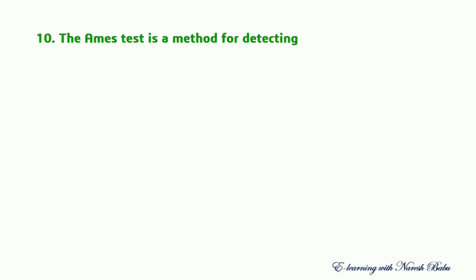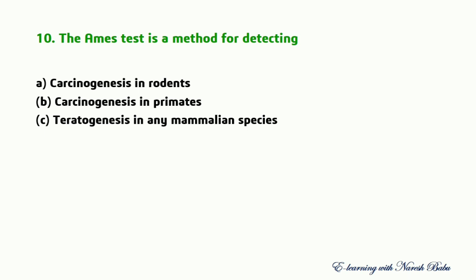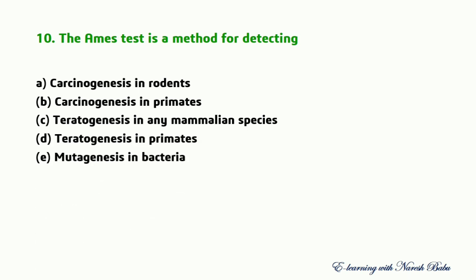And next question, the Ames test is a method for determining: carcinogenesis in rodents, carcinogenesis in primates, teratogenesis in any mammalian species, teratogenesis in primates, and mutagenesis in bacteria. So the Ames test is mostly used for finding mutagenicity in bacteria. So the answer is E.